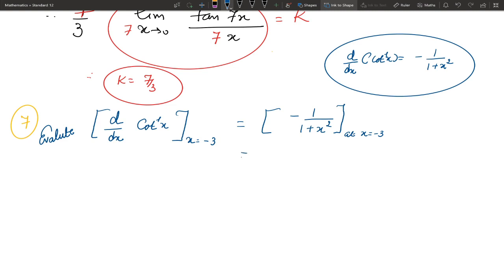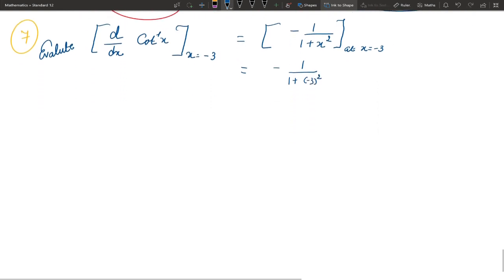So this is minus 1 upon 1 plus 9, so the answer is minus 1 upon 10.